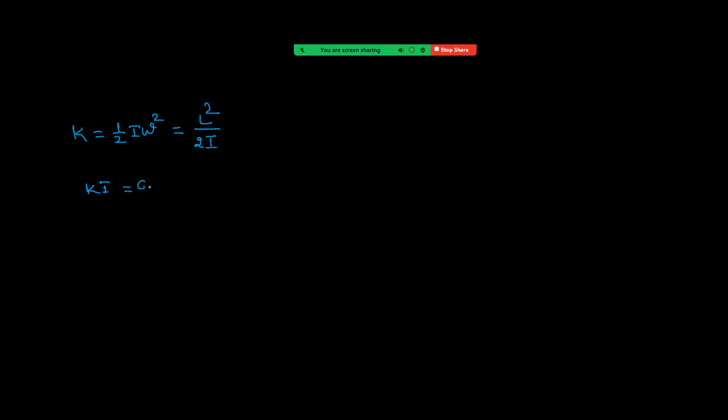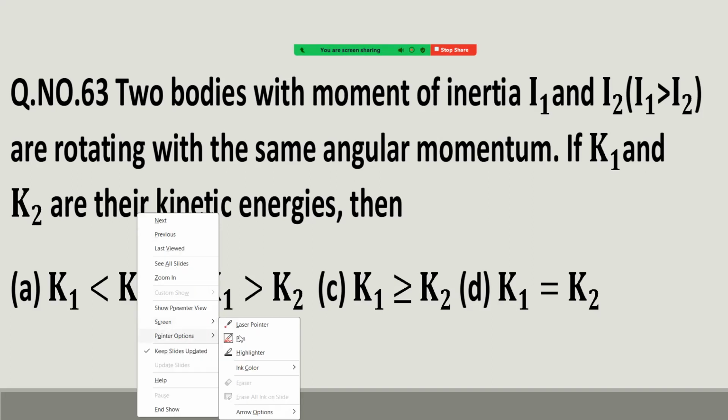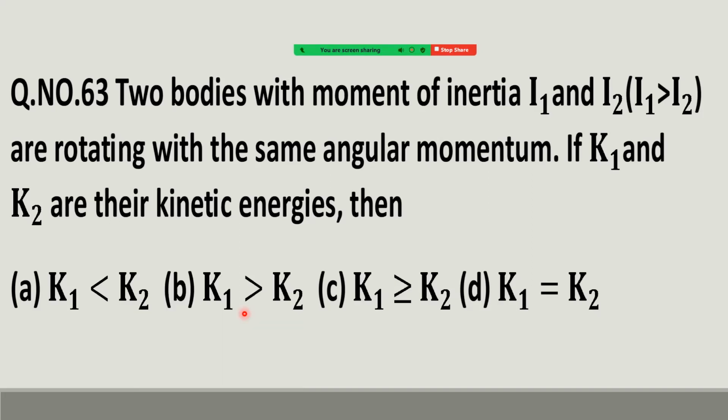Then see what's the option given here. K into I constant. I1 is more, I1 is more means K1 is less. So K1 less than K2, right? So very simple one. See next one.